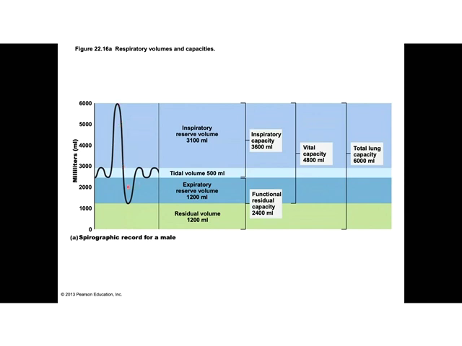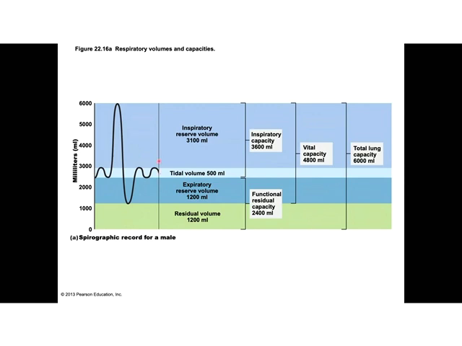Your expiratory reserve volume is how much you can blow out of your lungs after a normal exhalation, okay? And then we have the residual volume, which is the amount of air that remains in the respiratory system even after a maximum inhalation and exhalation. And that's called the residual volume. And all that does is hold the airways open.